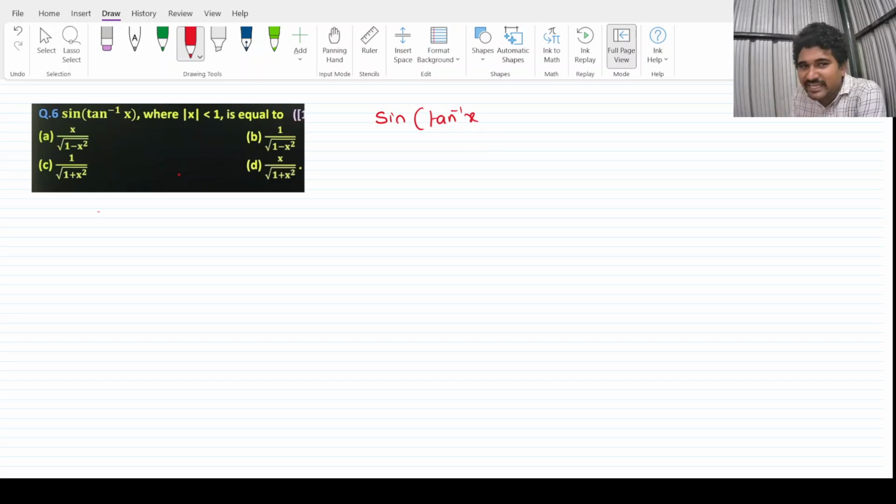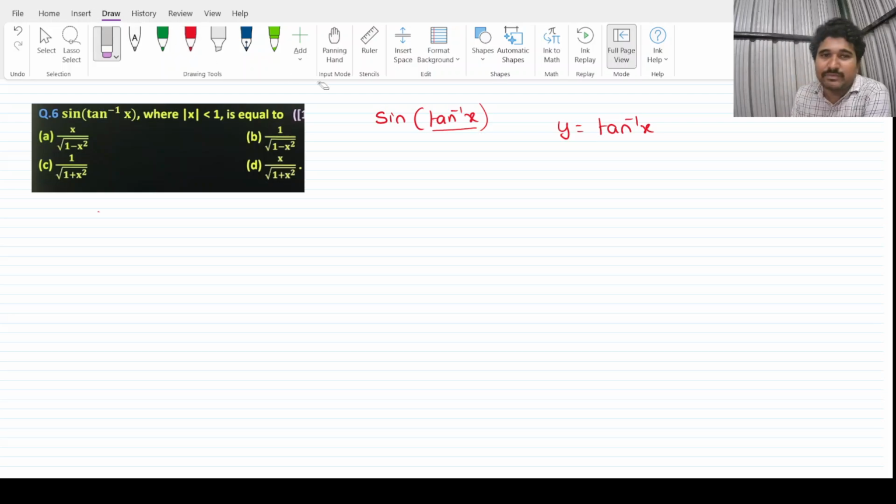Can I cancel sine and tan? No, sir. How can I cancel sine and tan? If it were a sine inverse, I could. So try to convert tan inverse into sine inverse. Can it be done? Yes. You treat this as y: y is equal to tan inverse x.